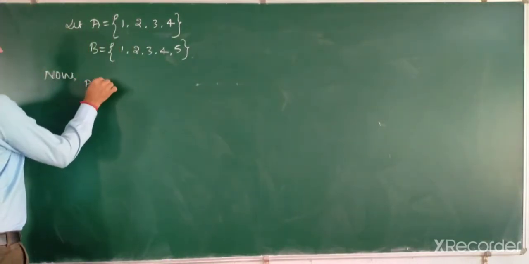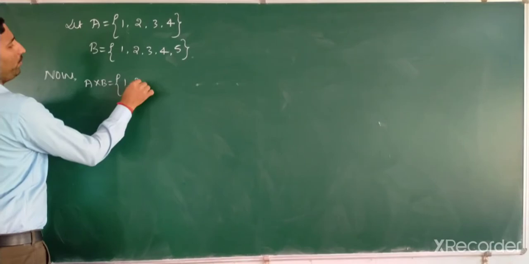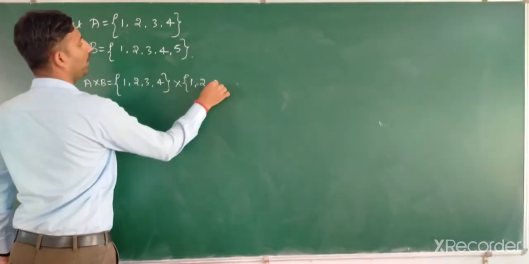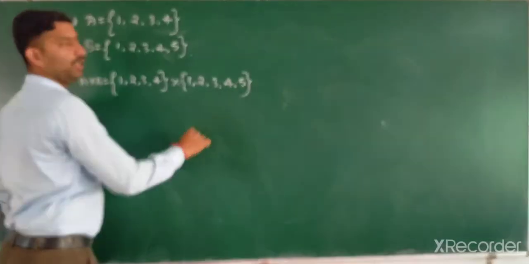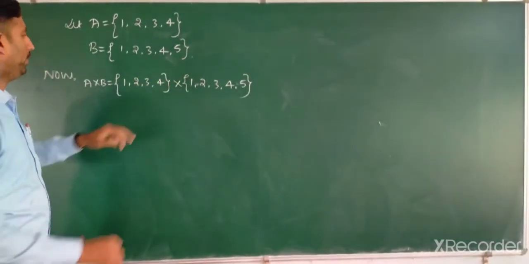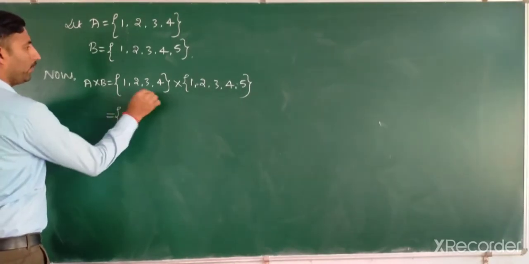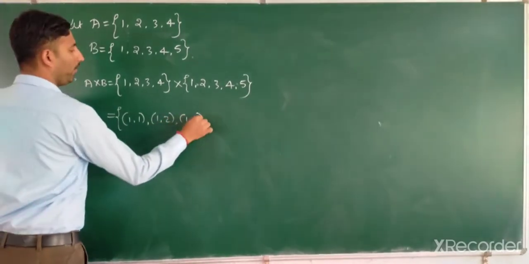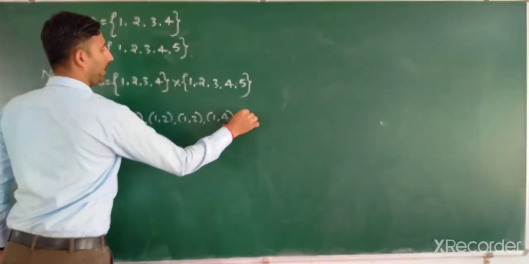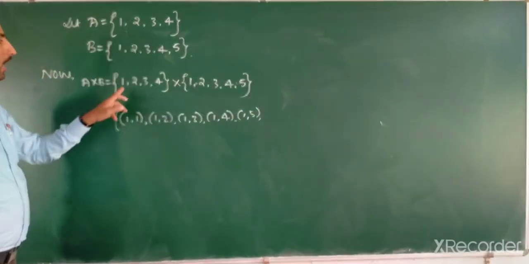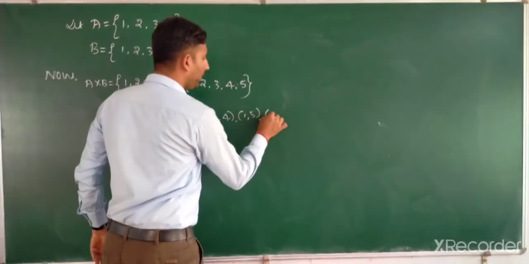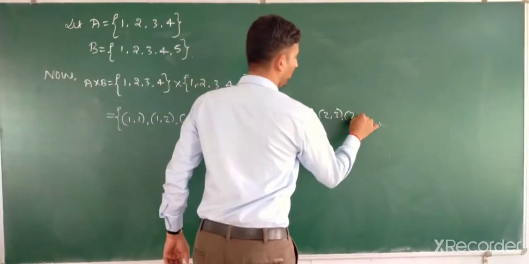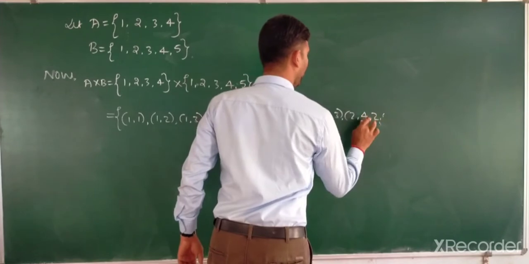A cross B is the set of elements formed by crossing 1, 2, 3, 4 with 1, 2, 3, 4, 5. The elements are 1,1; 1,2; 1,3; 1,4; 1,5, correct? After that 2,1; 2,2; 2,3; 2,4; 2,5. After that 3,1; 3,2; 3,3; 3,4; 3,5.